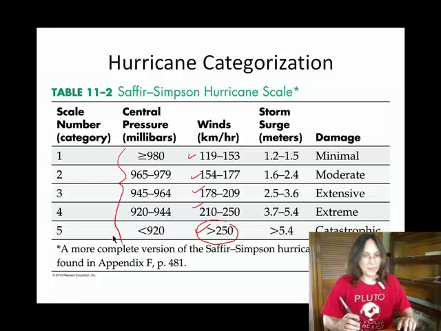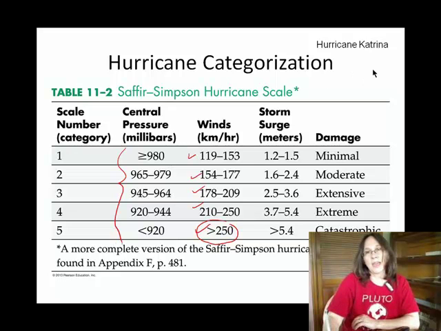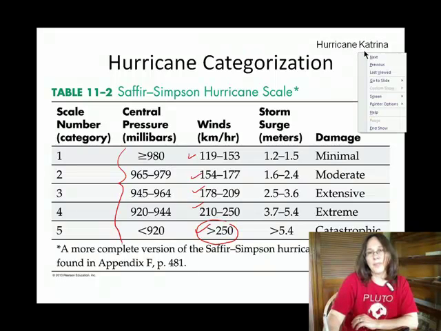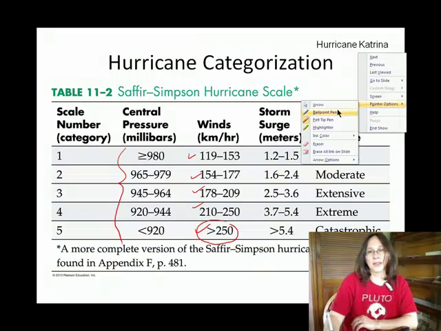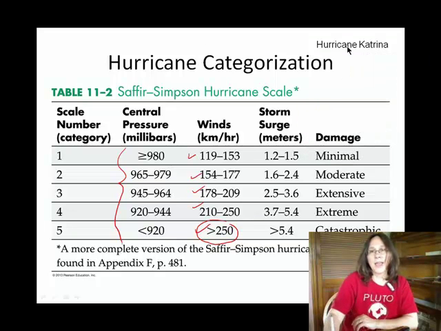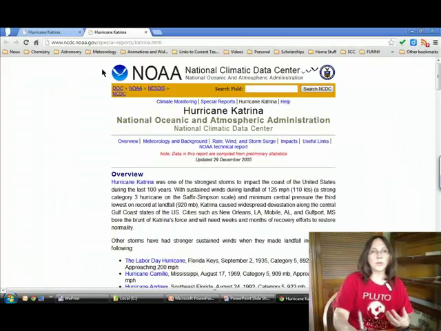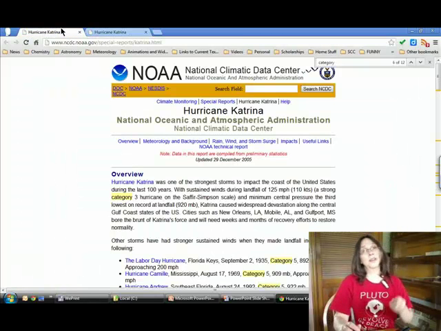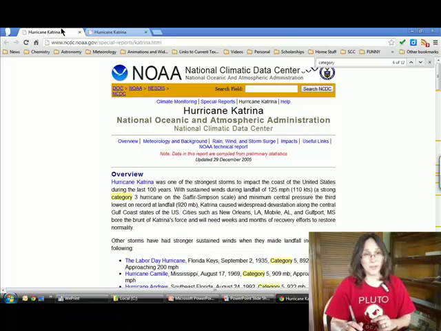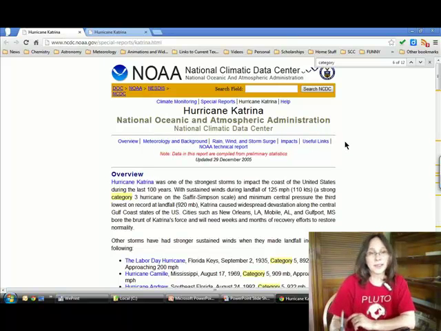One of the things I thought I would do is go out to this website, which is actually a NOAA website. There's a little discussion with regard to Hurricane Katrina, which was the costliest ever hurricane, but not the deadliest.